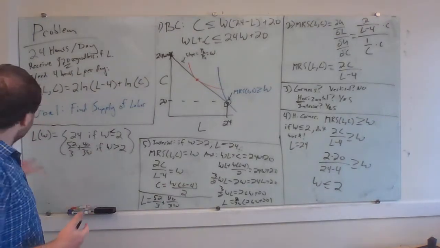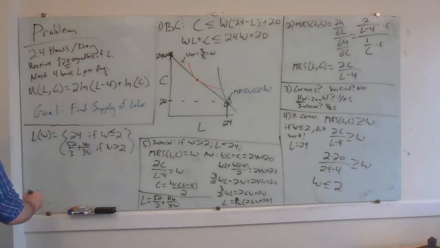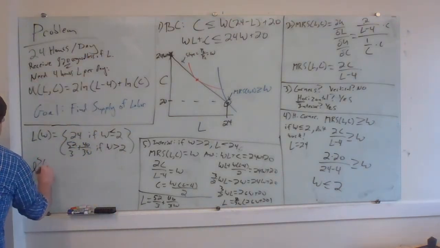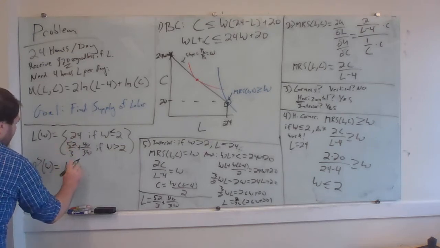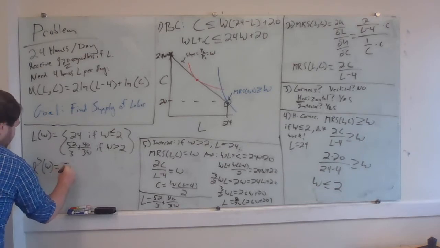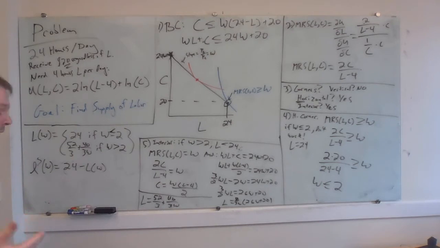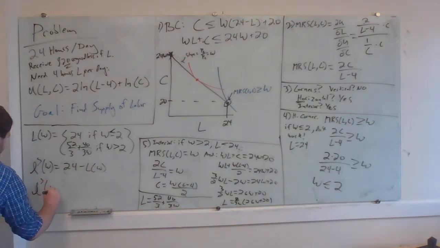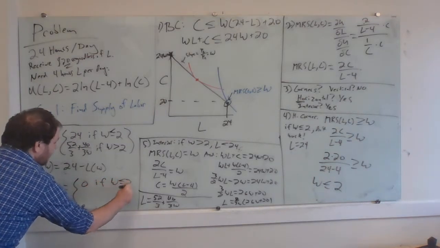Okay, great. Now this got us to our optimal choice of leisure. Our ultimate goal was the supply of labor. So I can say that labor supply as a function of W is just going to equal 24 minus L of W. All of the time that we don't spend engaged in leisure is time that we're going to work. So that's going to tell me labor supply as a function of W is going to be 24 minus 24, so 0, if W is less than or equal to 2.